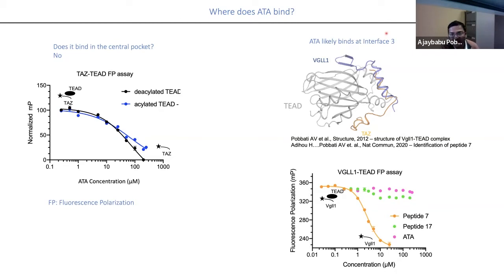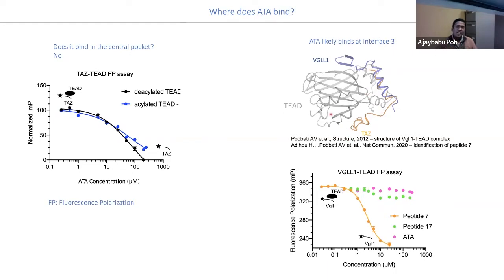Now go back, where does it bind on the surface? Like I briefly said, it can either bind to this interface 2 region or it can bind to the interface 3 region. From this assay, which I'm calling the VGLL1 TEAD FP assay, we draw the conclusion that the compound ATA is binding to this place, which is the interface 3 pocket.